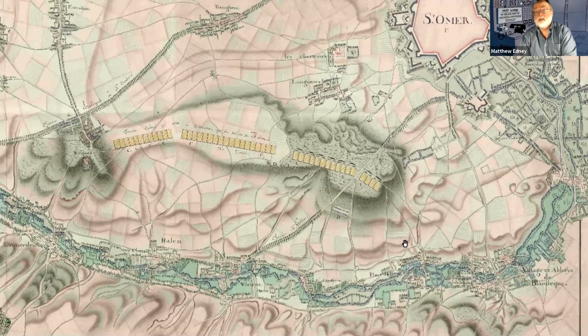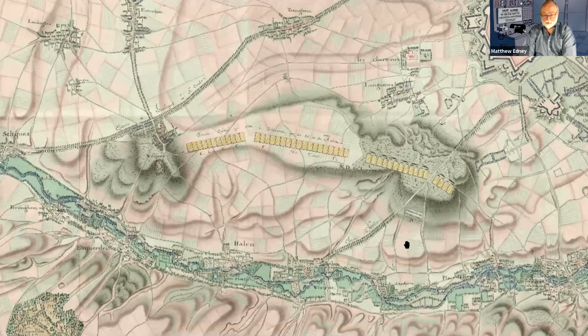I should just say that these nice little checkerboard of pink and green fields don't actually mean precise boundaries of fields. They're just an indication of this is arable land, as opposed to the rough pasture at the far right of that hill and the far left.